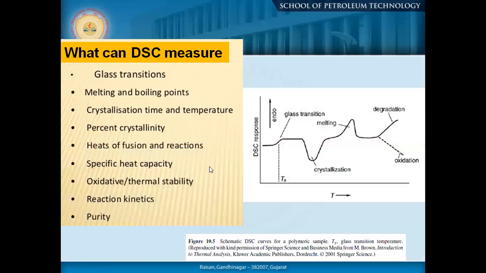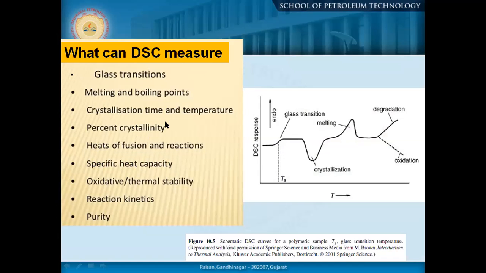So what can DSC measure? If you see, there is a lot more variation. The zero line may be along this line, but you see there is a difference in your DSC measurement also. It can give you information about glass transition. It can give you the melting and boiling point.